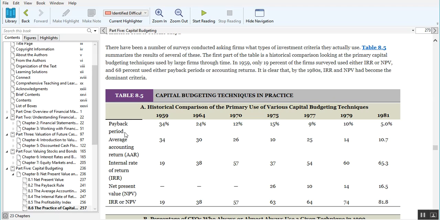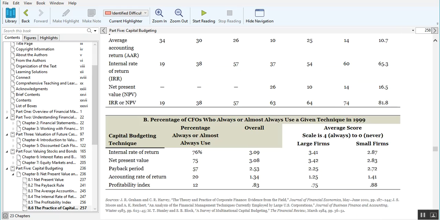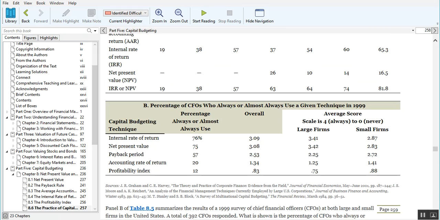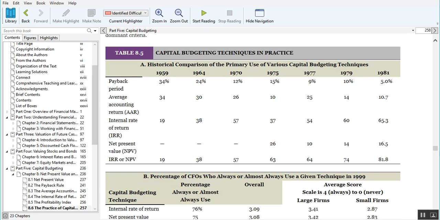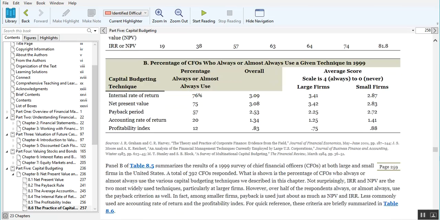If you look at these comparisons, you have payback period, which you see is diminishing in popularity, average accounting return, which still has quite a few users, internal rate of return, net present value, and then finally internal rate of return or net present value. You see a very widely used number of folks using that, especially, I guess this was 1981, so that's quite some time ago.